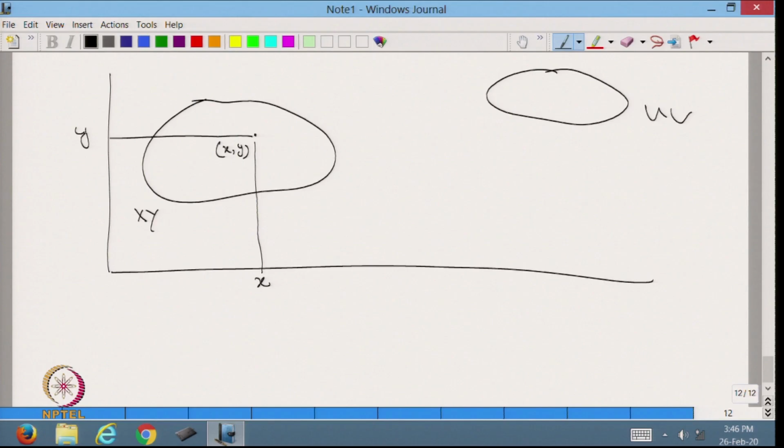We are mapping it to a point uv, therefore, this is the point u and this is the point v, and we have one mapping from xy to u, we are calling it h1 xy.